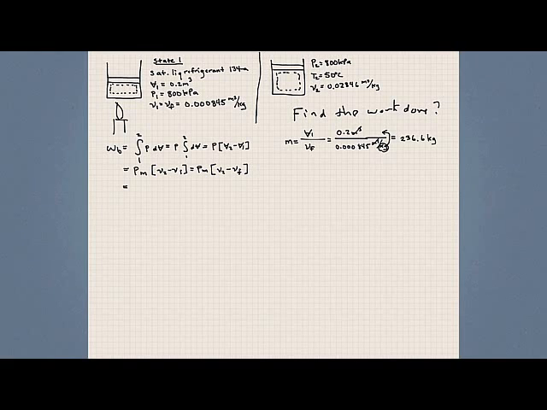So using this, we can solve our problem now. Let's go ahead and plug in our values. Our pressure in both cases is 800 kilopascals. So that's 800,000 pascals. We can multiply that by the mass that we calculated, 236.6 kilograms, and that's all multiplied by the difference in specific volume between the two states.